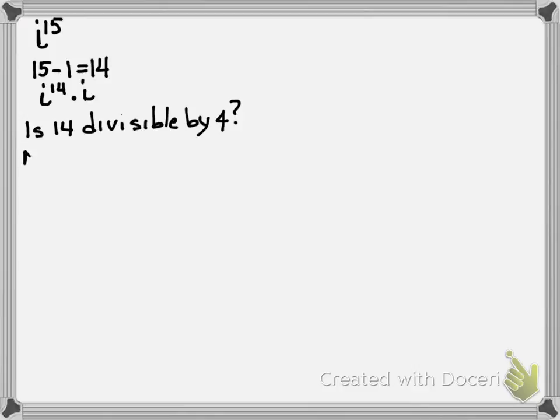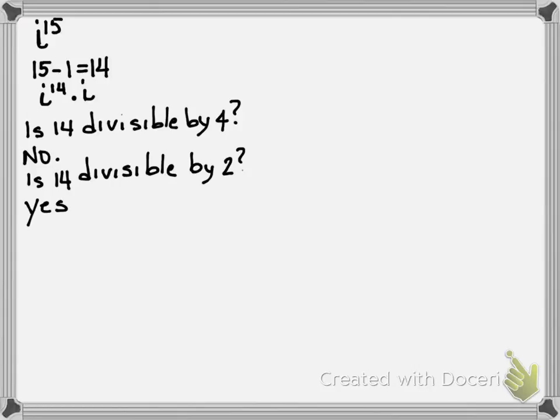Well, it is not. So let us look at, is it divisible by 2? Well, it is. So the i to the 15th becomes negative 1 times i, which is negative i.